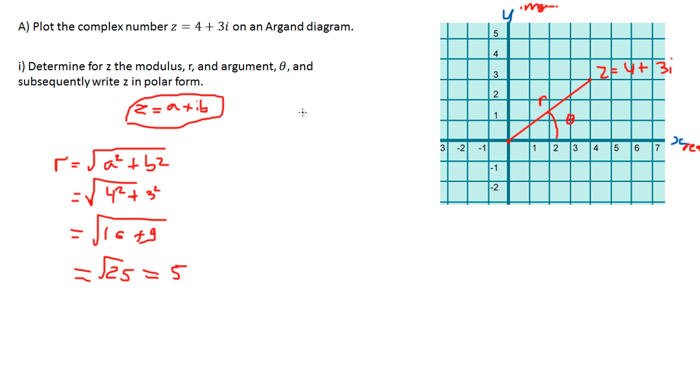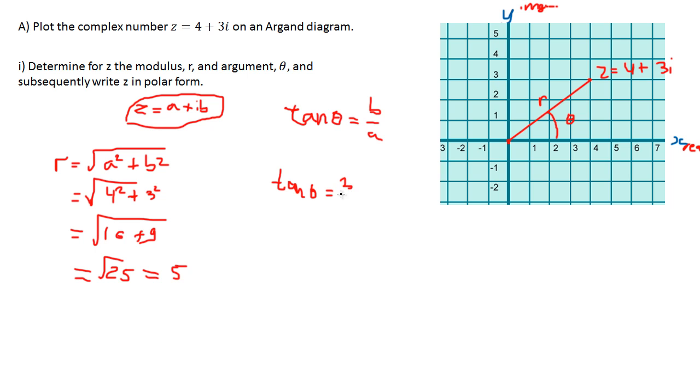And now to find the argument theta, we have to do tan theta. So argument theta will always be tan theta equal to b over a. So to do this, we gotta put tan theta equals 3. So the imaginary is always at the top.